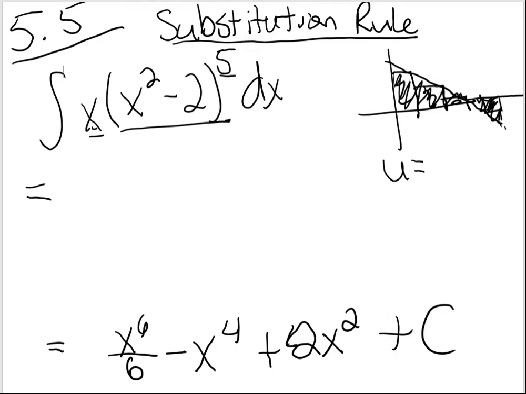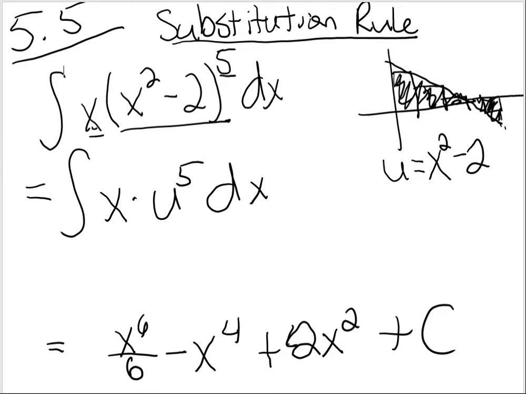So this is going to be sort of like the chain rule. So you want to think, what's my innermost thing? I'll say u equals x squared minus 2. What would happen if I then substitute that? Well, I still have an x, but then I have u to the 5th dx.